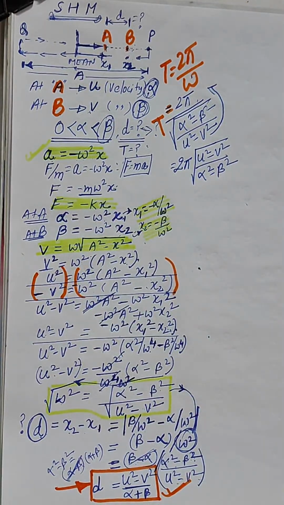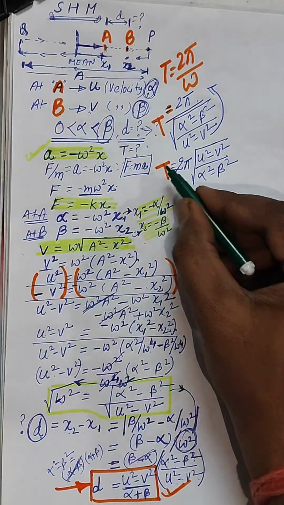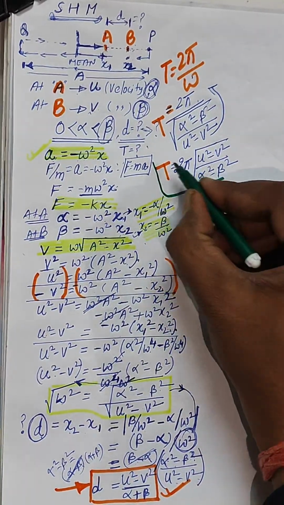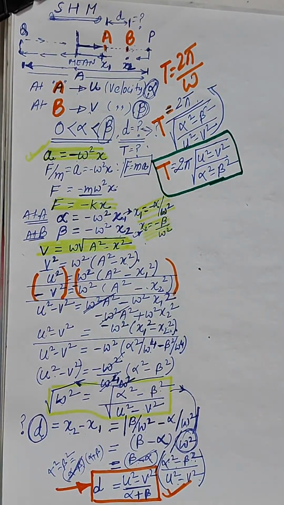So this is the time period of oscillation of a body exhibiting SHM in the given condition, and T is equal to 2 pi root over of u square minus v square divided by alpha square minus beta square, my dear friends. So this is the entire solution in front of you.